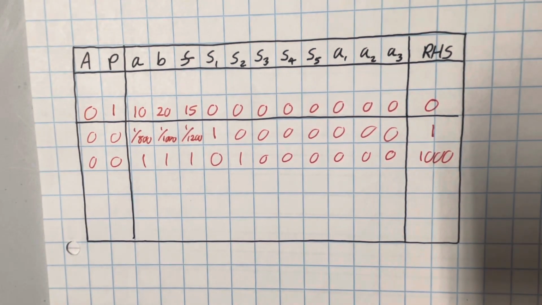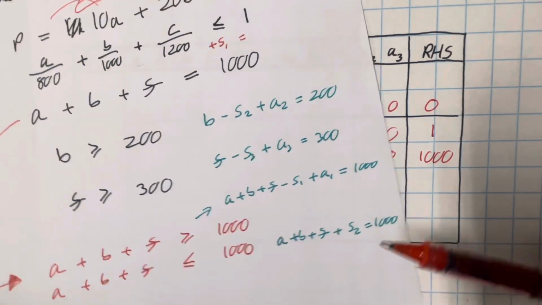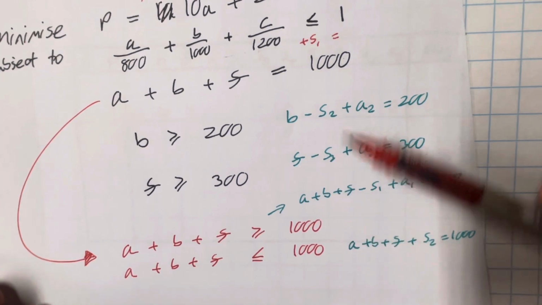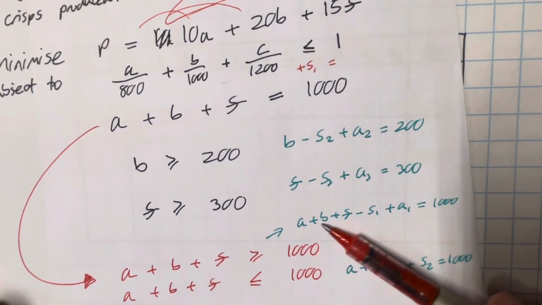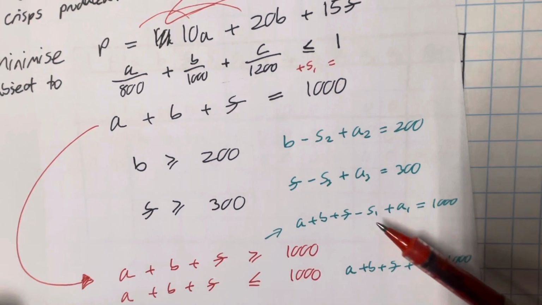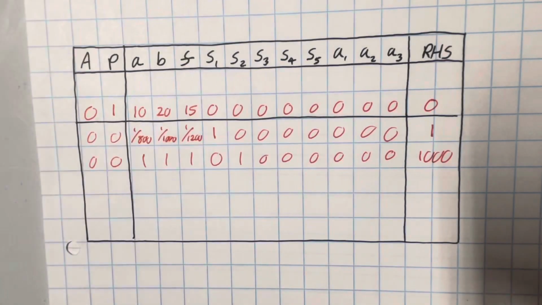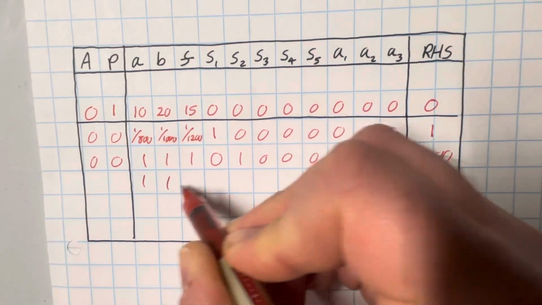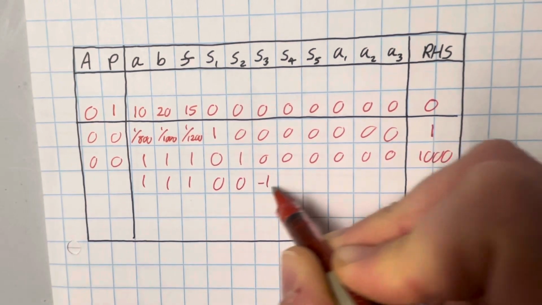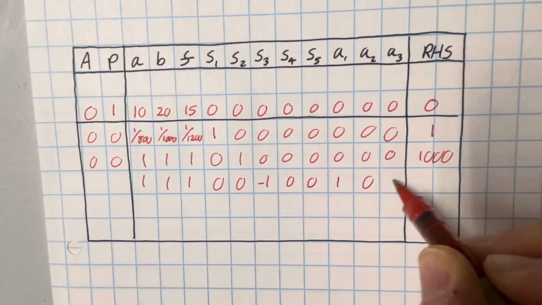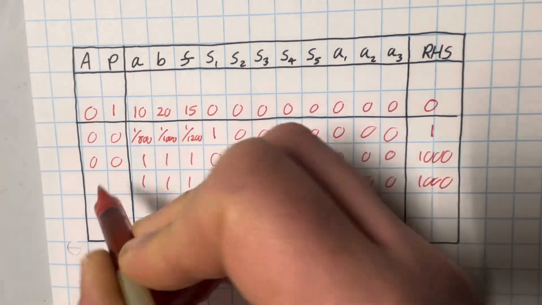And then its partner, this one here, I might as well put that one in next to it, was the other half of this equality constraint. And that's, instead of the plus S2, it's got a minus S1 plus A1. So I'm going to pop that one in next. And it still equals 1000.